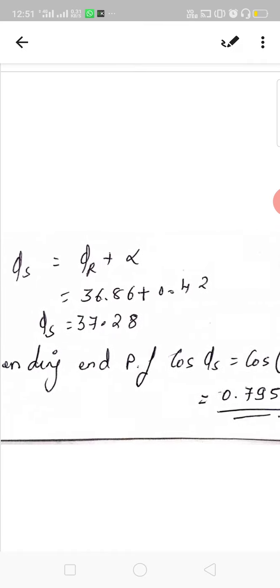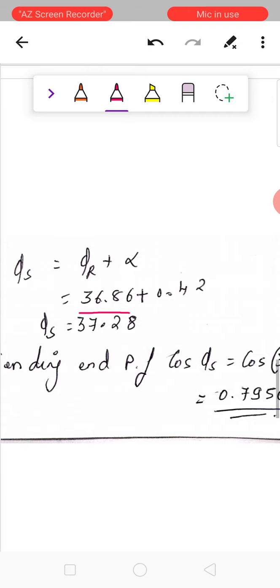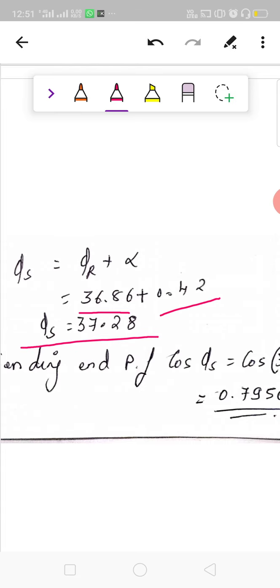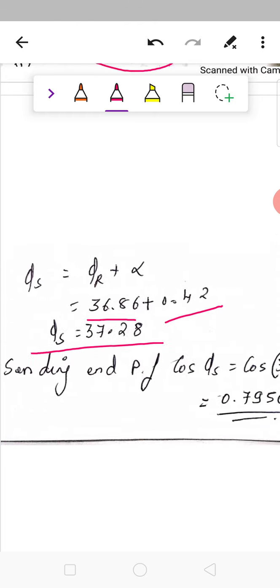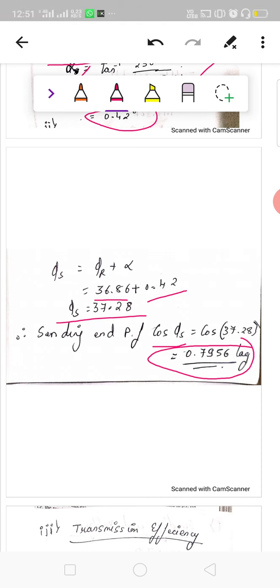Phi r is already given, cos phi is given to be 0.8, so cos inverse of 0.8 is 36.86. Alpha we just calculated to be 0.42. So phi s is this. To find the power factor, I do cos of phi s, and I work it out as 0.7956. As it is an inductive circuit, we know the power factor is lagging.